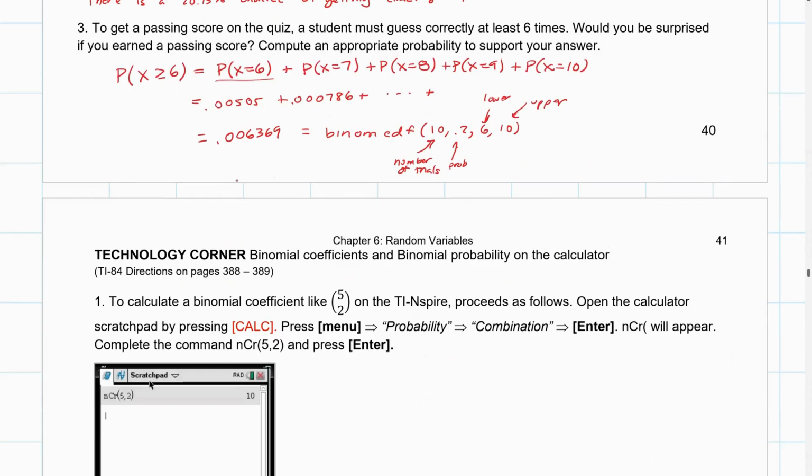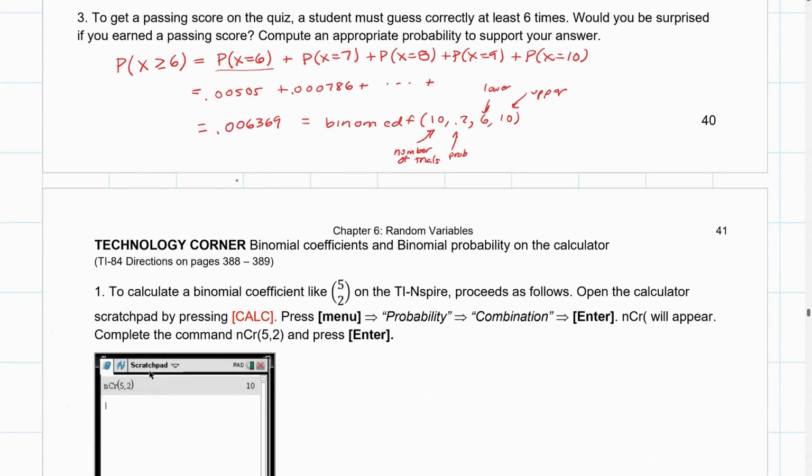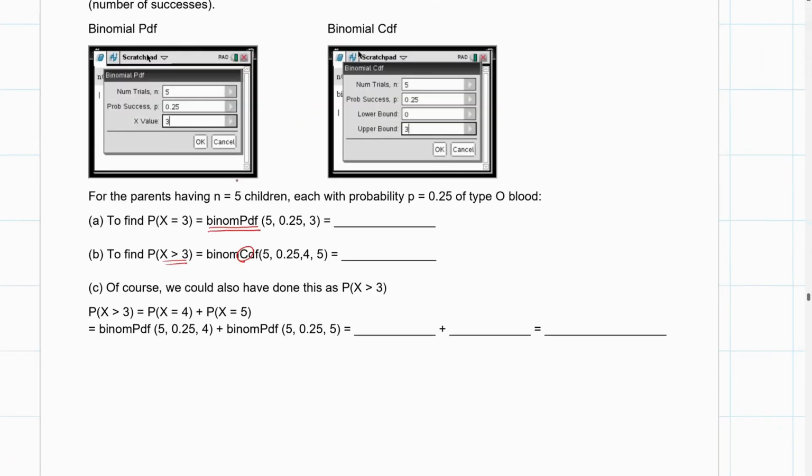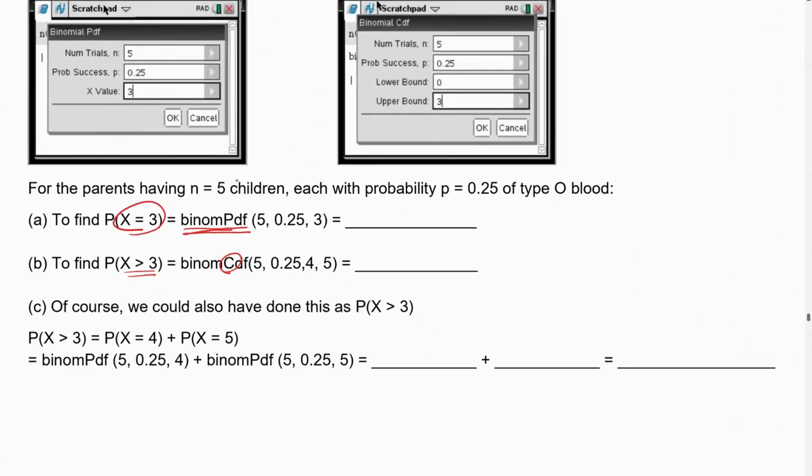So the commands that we learned about are NCR for calculating the binomial coefficient, PDF if you're looking for some exact outcome, or CDF if you're looking for some range of outcomes.